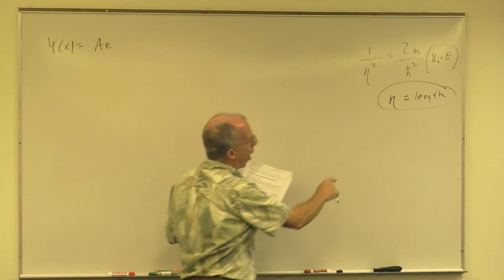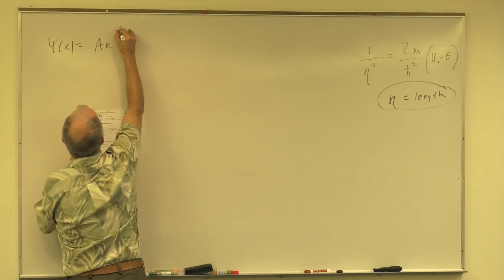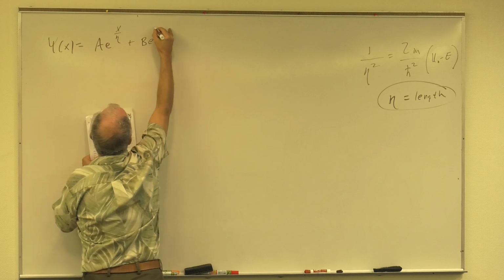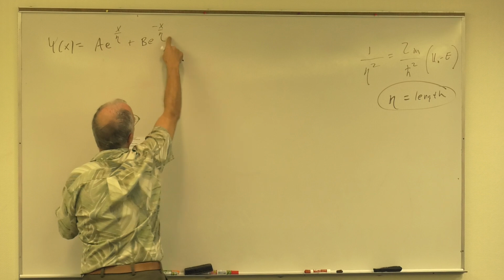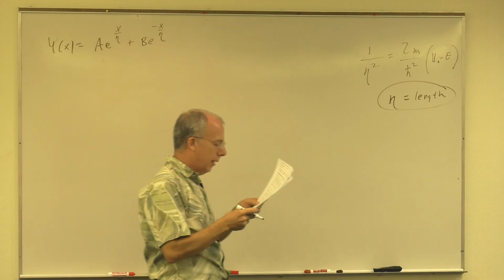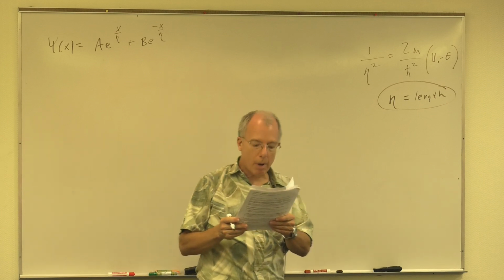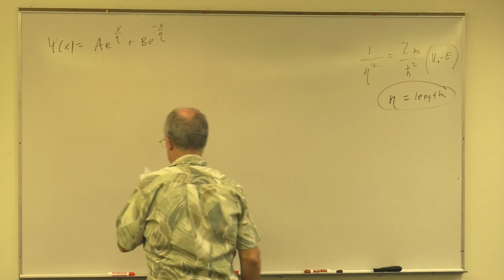We have eta on the bottom, so we get a e to the x over eta plus b e to the minus x over eta. The eta was on the bottom, so we have it on the bottom. So we have two independent solutions, just like we wanted. Now we have to do our boundary conditions.